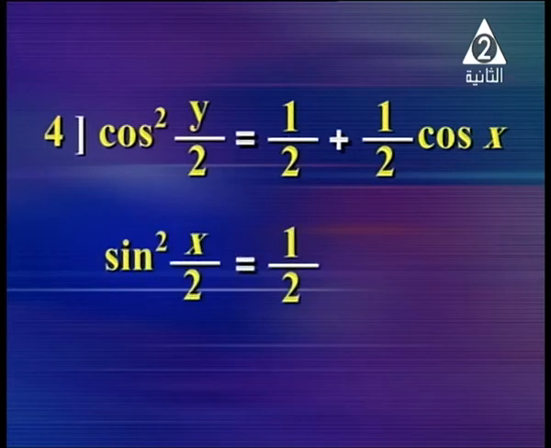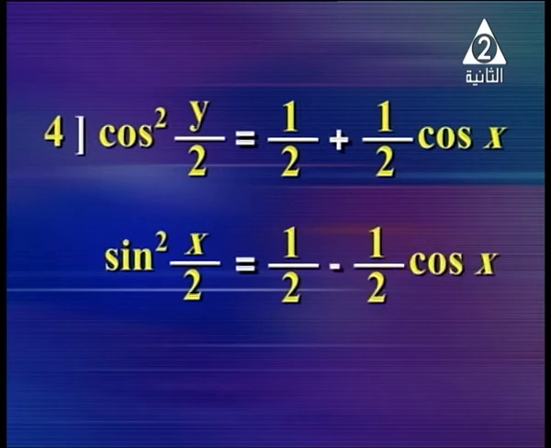Also, sine squared x over 2 equals half minus half cosine x. Remember, this is cosine squared of half y and sine squared of half x, which equals half minus half cosine x.